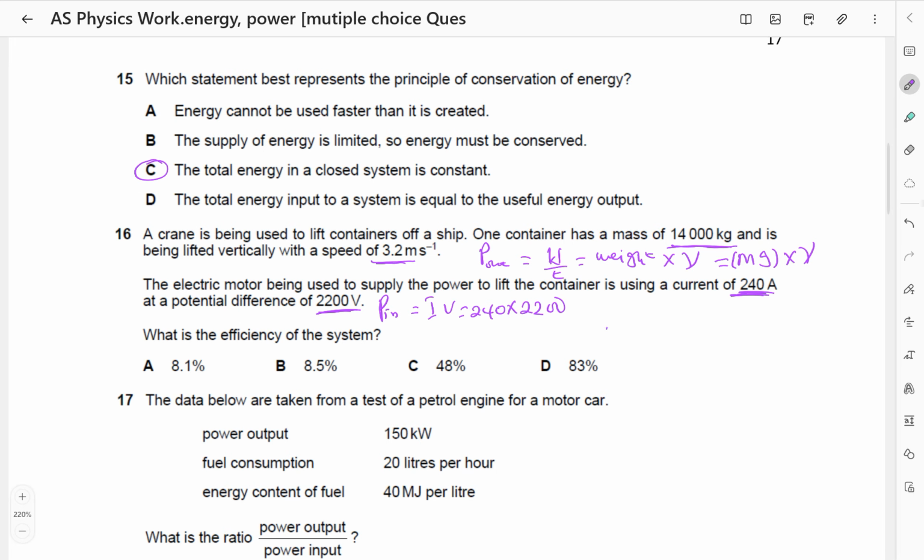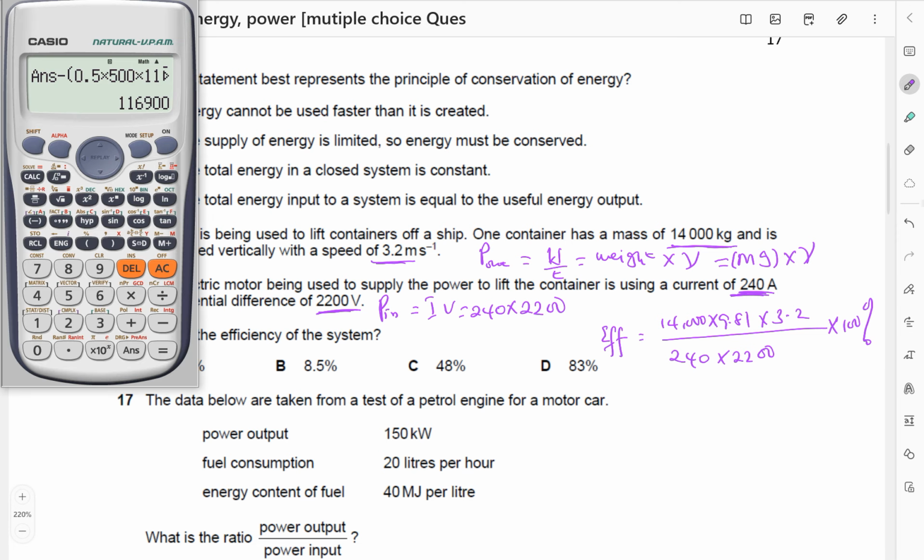So that means now the efficiency is going to be the power output, which is mg times v. M is 14,000 times g, which is 9.81, then times v, which is 3.2, divided by 240 times 2200. Then I'll multiply this by 100 to change it to percentage.